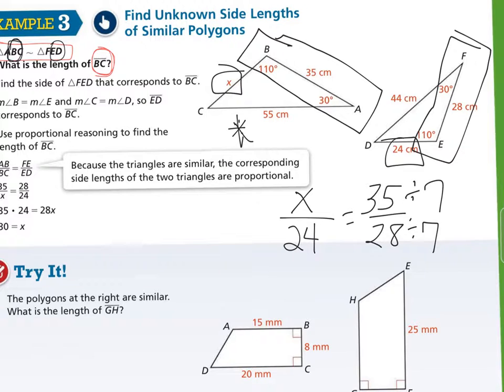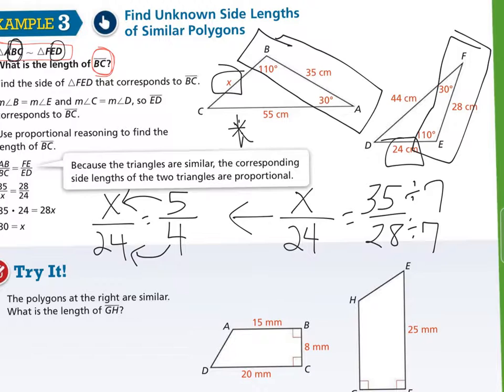So if I reduce the 35 over 28, both by 7, I'm going to get 5/4. And now I actually have a pattern going towards the variable.